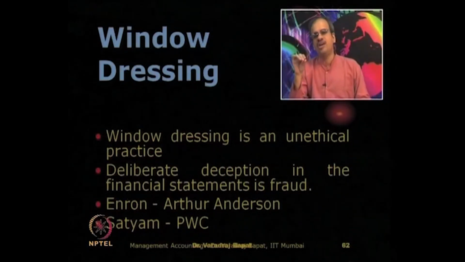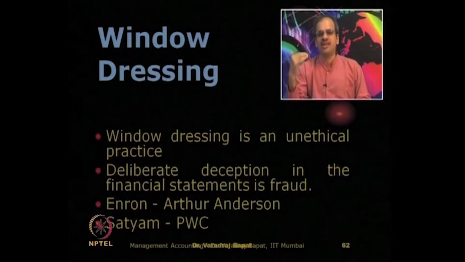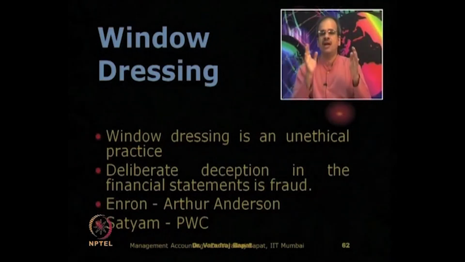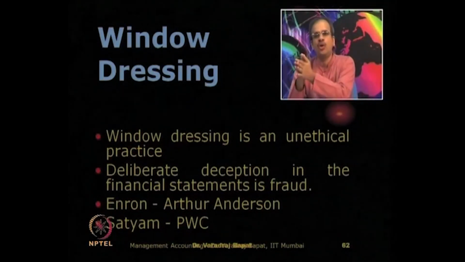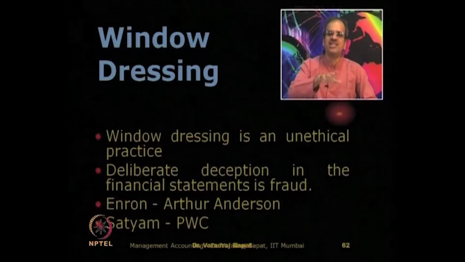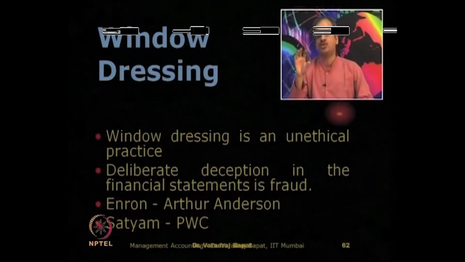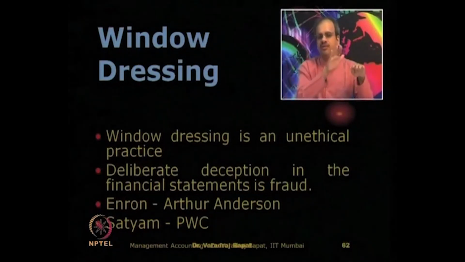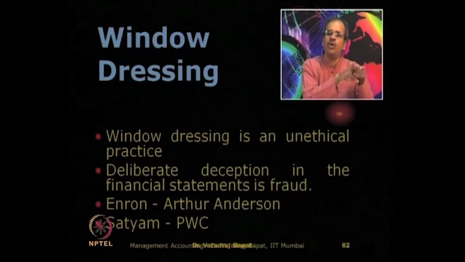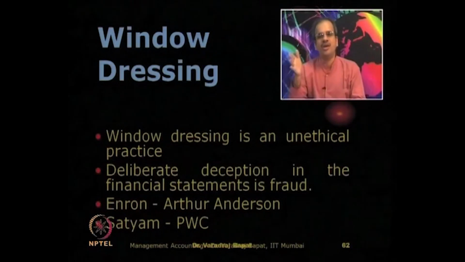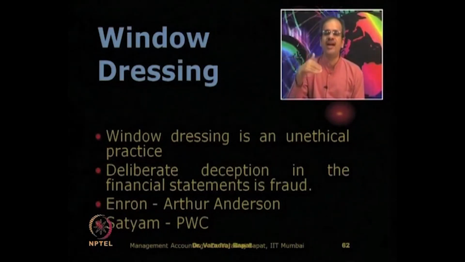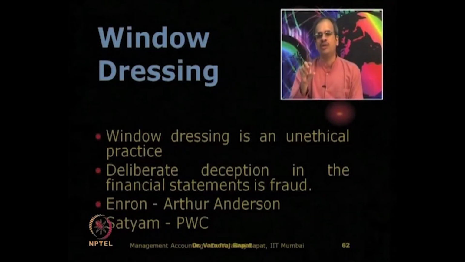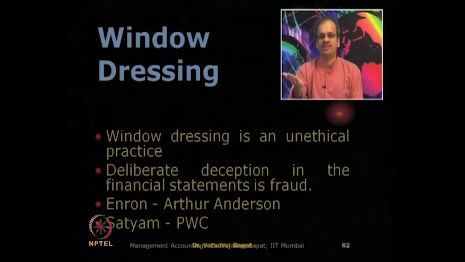There again, their auditors were PwC. I am showing the name of the auditor because along with the management, it is the duty of the auditor to check the financial statements and certify them as true and fair. So, if there is a window dressing done by the company, first of all, the management, their CEO is at fault. Their auditors are also at fault if they are not able to find out the window dressing, which is very apparent.